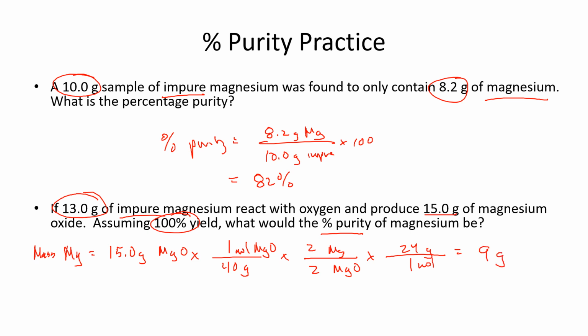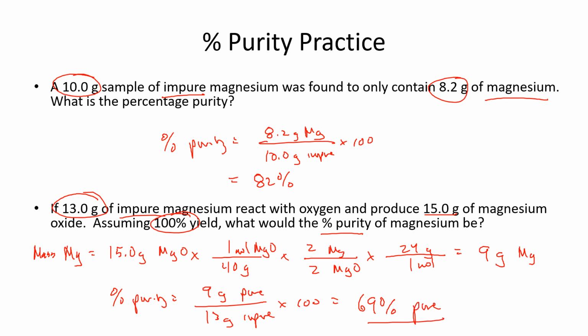So 9 grams of pure magnesium in that 13 gram sample, and so the percent purity would equal 9 grams of pure divided by 13 grams of impure, times 100, and that comes out to 9 divided by 13 times 100, 69% pure. All right.